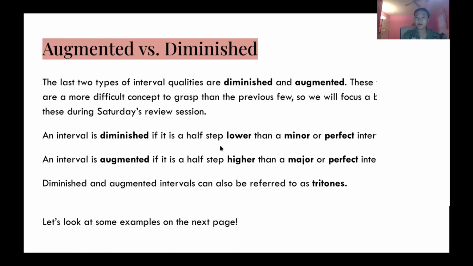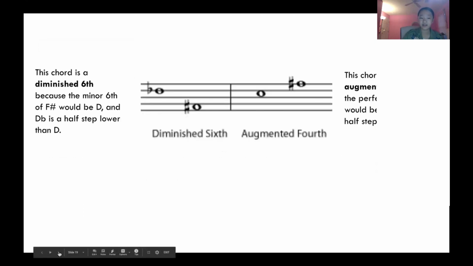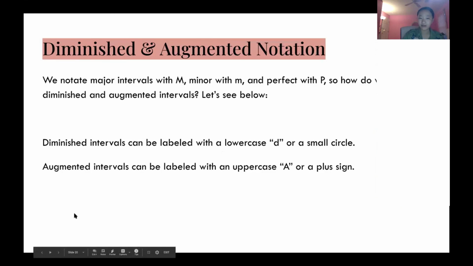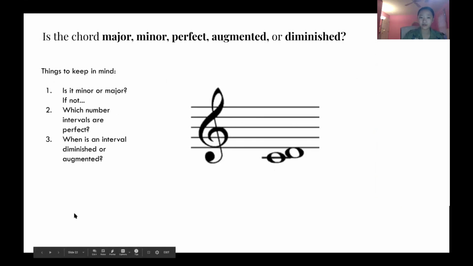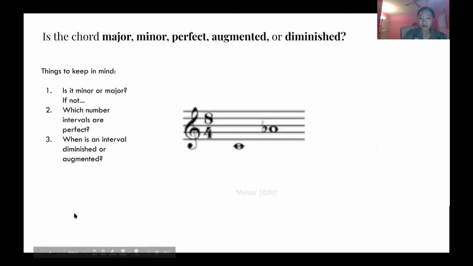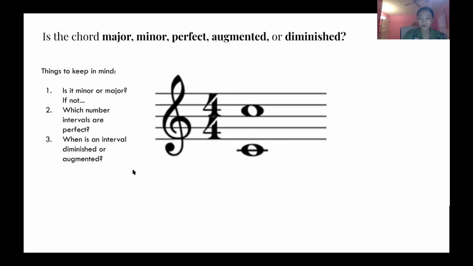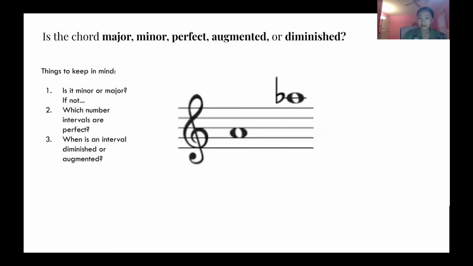So it's one of these two, that's what I'm telling you. If we have a perfect interval and the top note is a half step lower, it would be called diminished. And if it's a half step higher, it would be augmented. So you already identified that we have a perfect interval number, but as you noticed, the top note isn't a perfect octave above, and it's a half step lower.